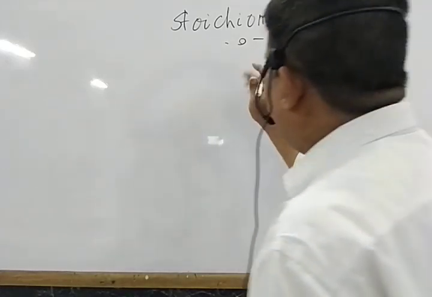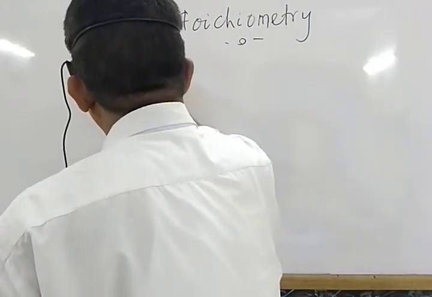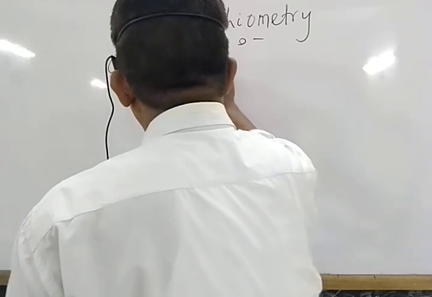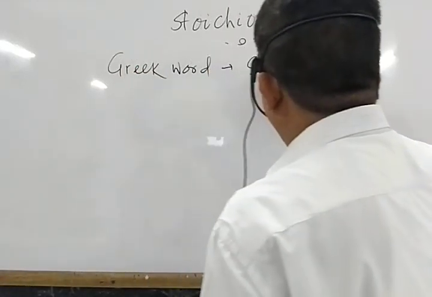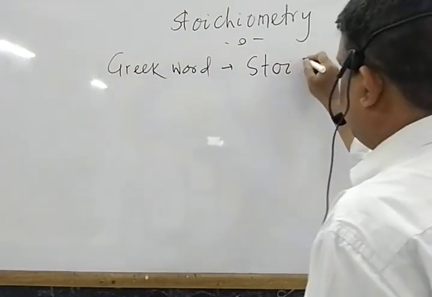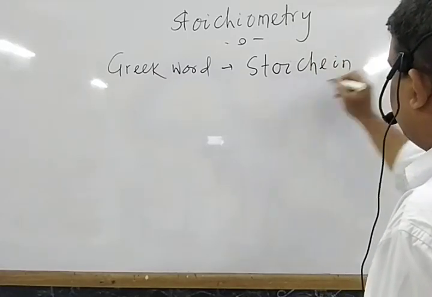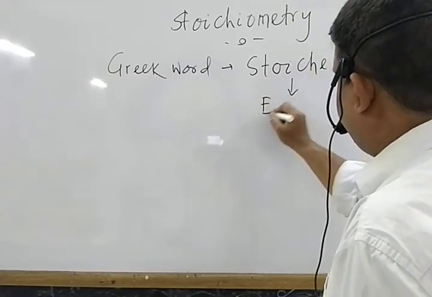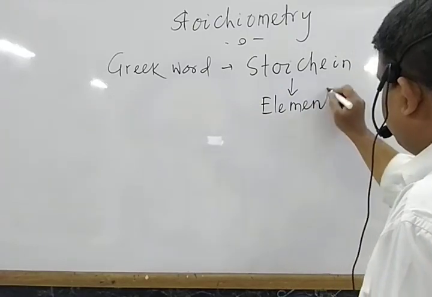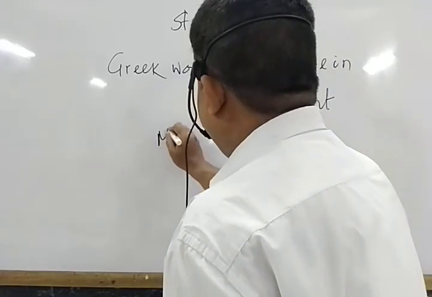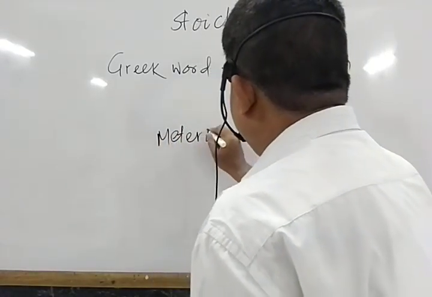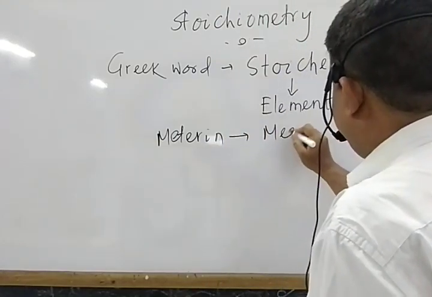Stoichiometry is derived from the Greek word, mark that, stoichio. It means element, and another word is metron, means measure.